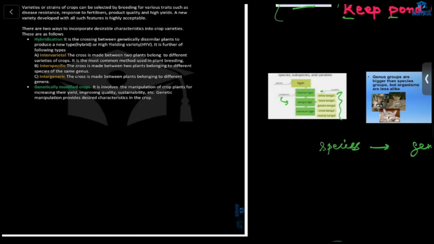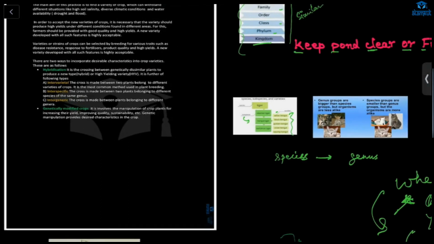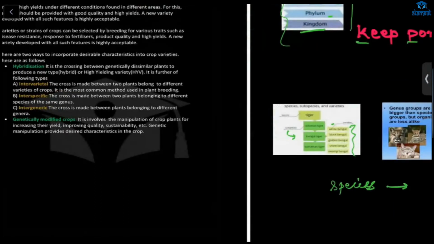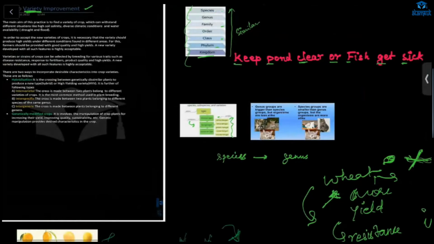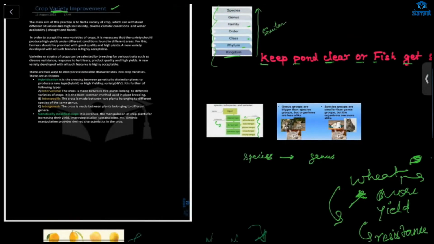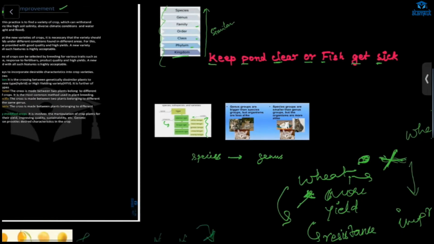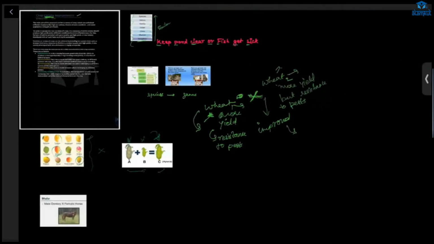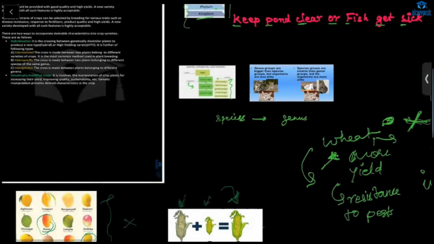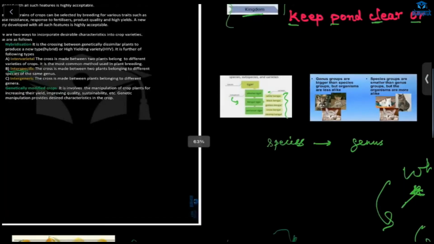Yes, ma'am. Okay. Now next we have interspecific hybridization. Here, they take plants from the same species and cross them.